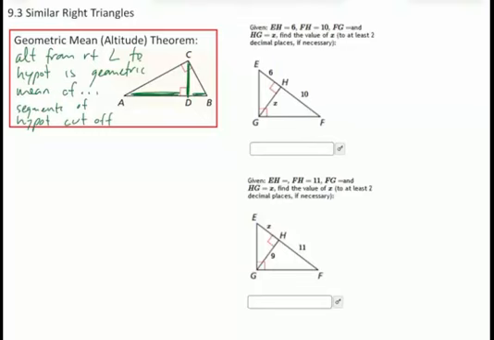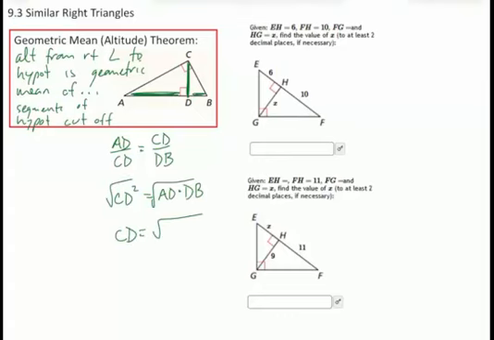The first is that AD is to CD as CD is to DB. If you cross multiply, you get CD squared equals AD times DB, which means when you extract your root, CD is equal to the square root of AD times DB.